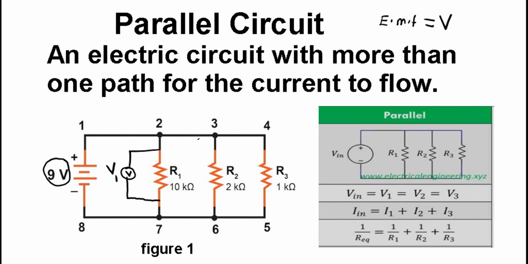Also, when you want to measure the voltage drop across R2, which is V2, it is also going to be equal to 9 volts. This is also applicable across R3; the voltage drop V3 is also going to be 9 volts.